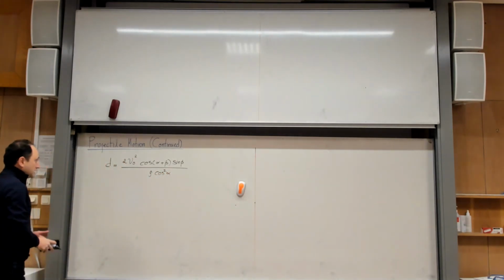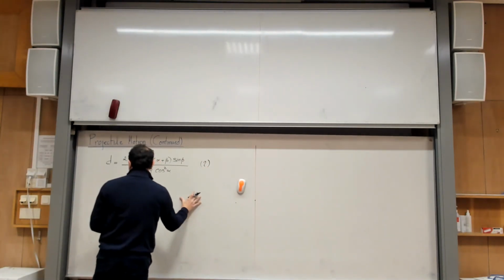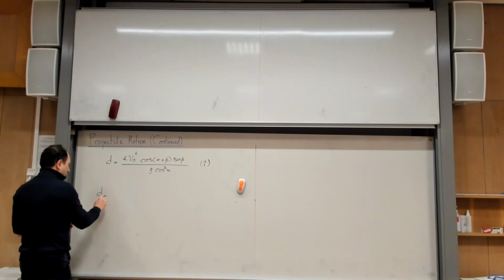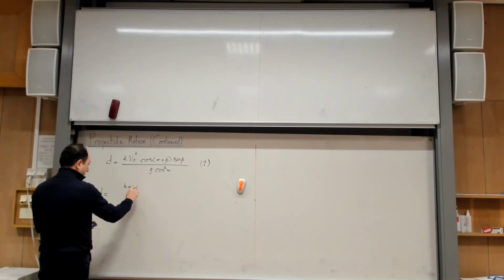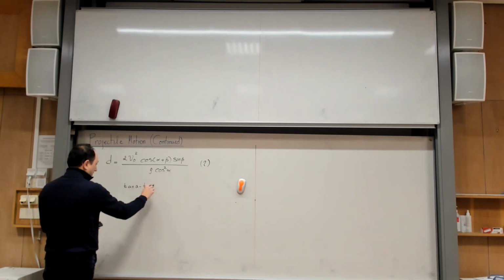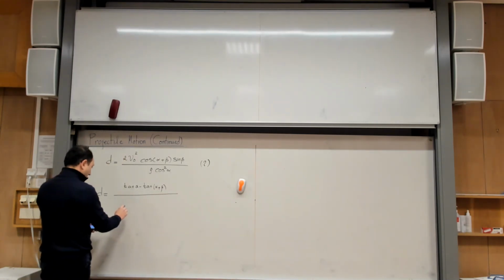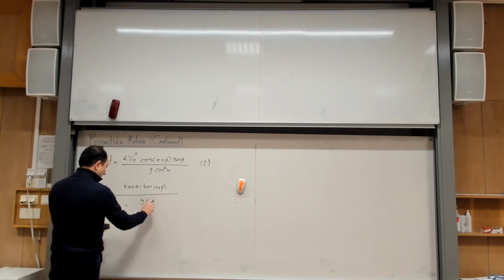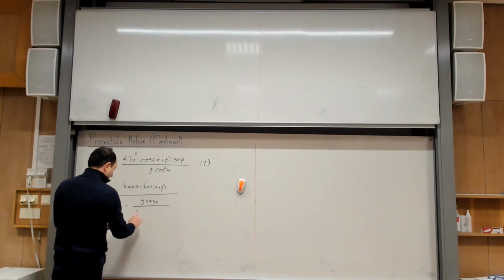Yes. This is the goal, but we were able to reach this formula for D, which was tan alpha minus tan alpha plus beta, and then divided by minus G cosine alpha divided by 2v node squared cosine squared alpha plus beta.